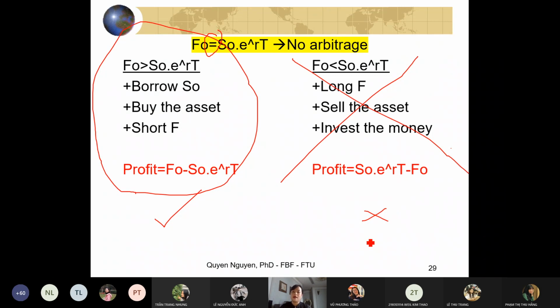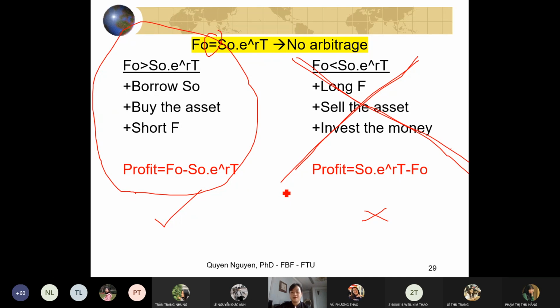For example, they have sold the fragrant rice, but when they long the forward contract, there is no guarantee that the type of rice would be exactly the same. That is why for consumption assets this strategy is not available, because they cannot get the same type of asset when they have already sold it and then enter the long forward or future contract.